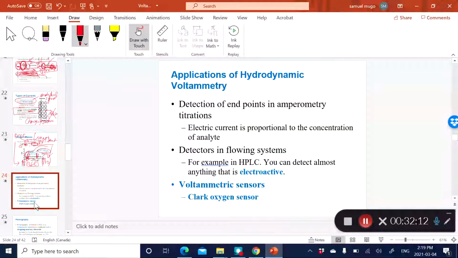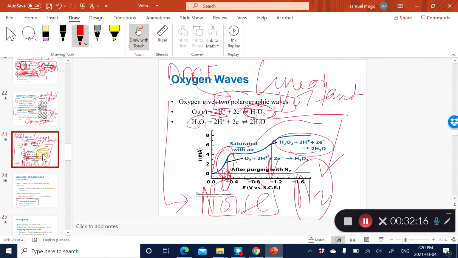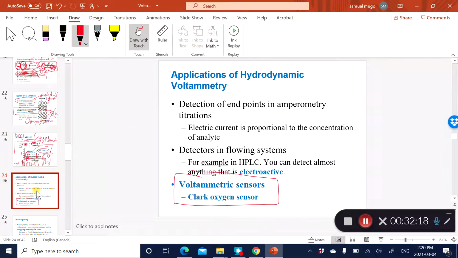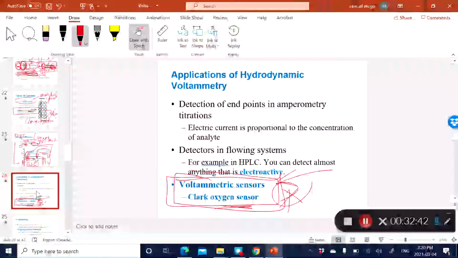And so the equations that I gave you in the previous slide, the oxygen redox processes, are actually the basis for this type of sensor, called the Clark oxygen sensor, that one of the students, Salia, you are using in the lab, is based on that concept, okay? But as I said, it is a problem if you're not interested in the oxygen, and so you need to get rid of the oxygen.